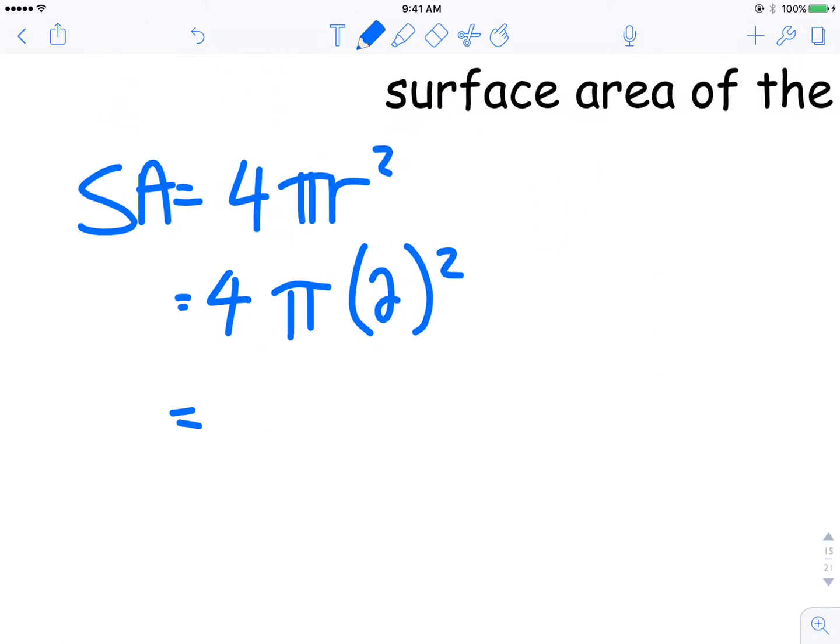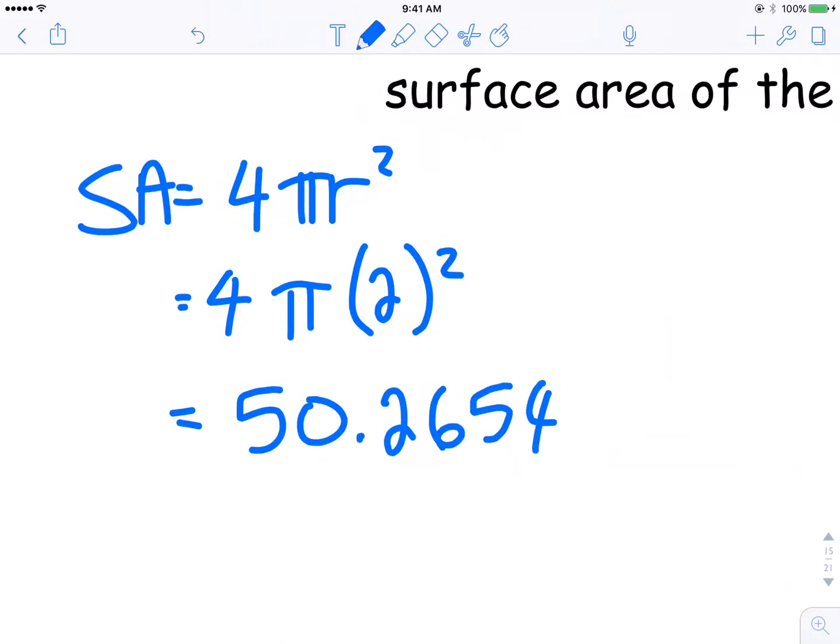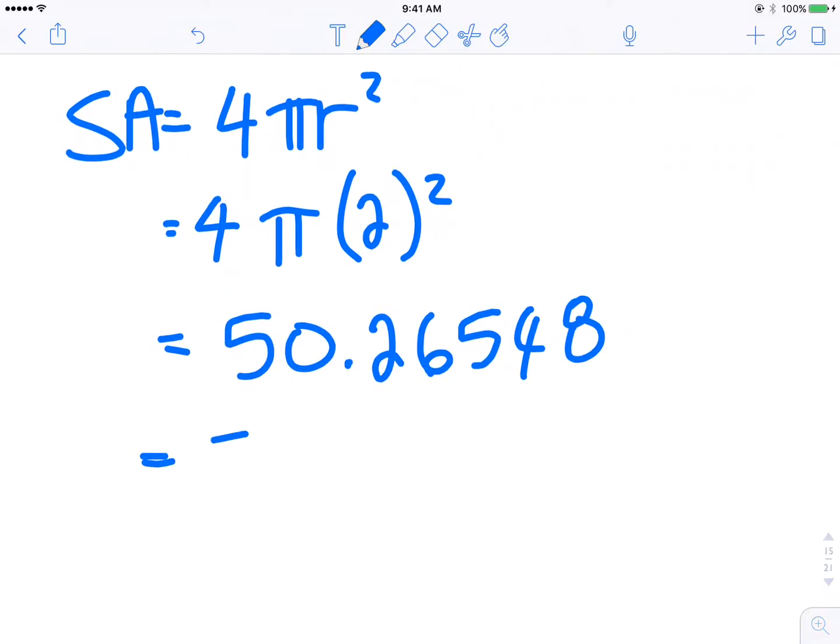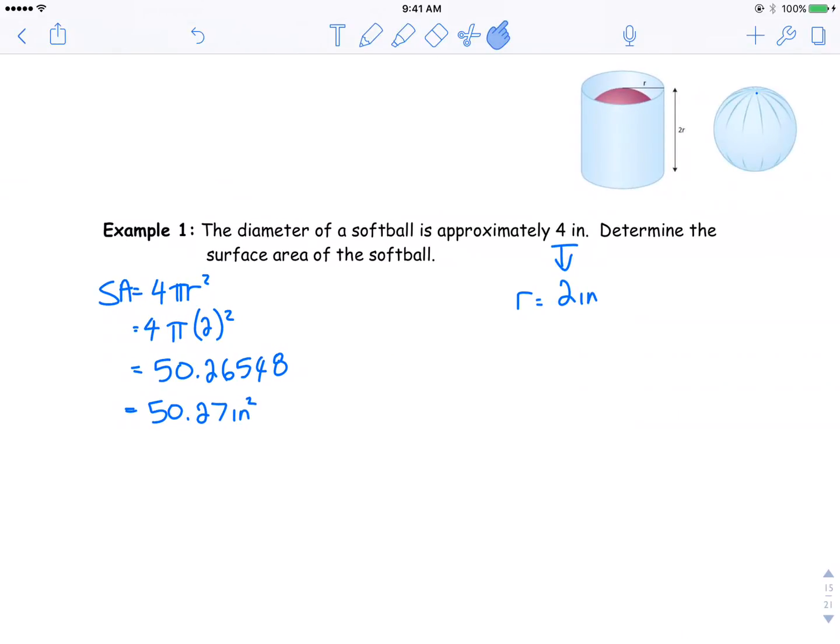Into your handy dandy calculator, 4 times pi times 2 squared, or 16 times pi, gives me 50.2654. It doesn't tell me what to round to, so I round to 2 decimal places, 50.27. My units, what are my units in? Inches, and this is surface area, so this is squared. Straight up, easy peasy, nothing out of the ordinary, nothing too difficult. There you have it.